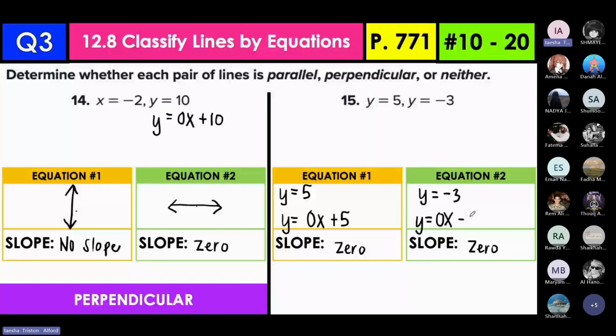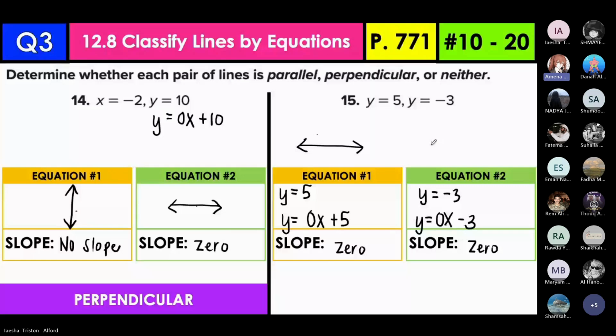Equation 1 should be what kind of line? The slope is 0. What kind of line? Horizontal is the line. This one, the slope is 0, so what kind of line should it be?